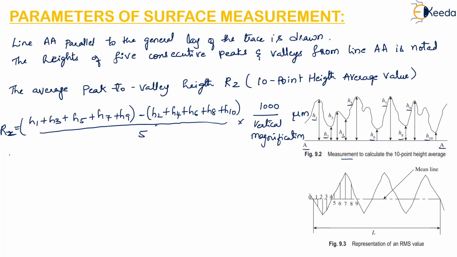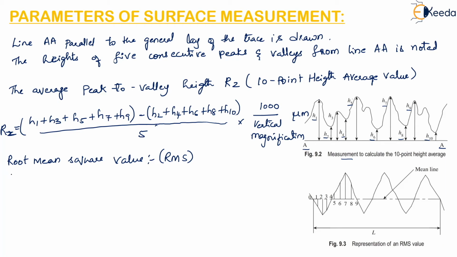The next one is the root mean square value, also called RMS. Popularly this RMS was used to quantify surface roughness, but later on it was superseded by the center line average value.